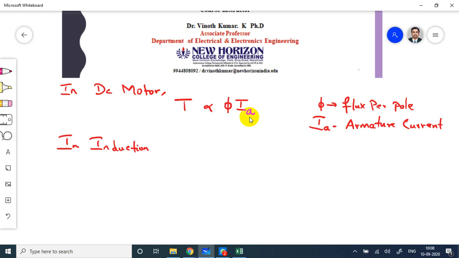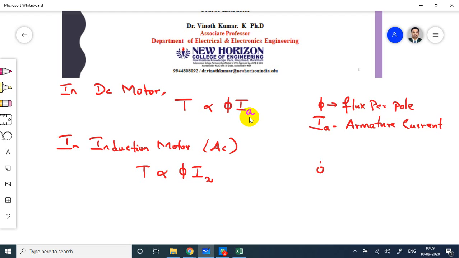Likewise, in an induction motor also, which is an AC motor, the torque is directly proportional to the product of flux of stator pole and rotor current.